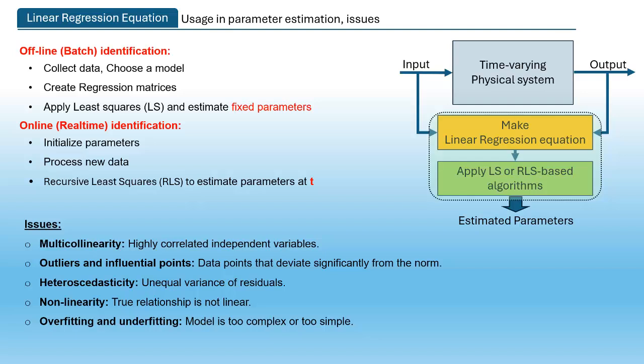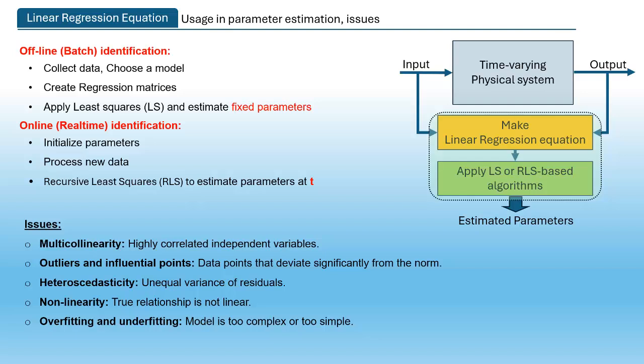Another issue may happen with outliers and influential points. Outliers, or data points that deviate significantly from the overall patterns, and influential points, which have a disproportionate effect on the regression line, can distort the model and its predictions.